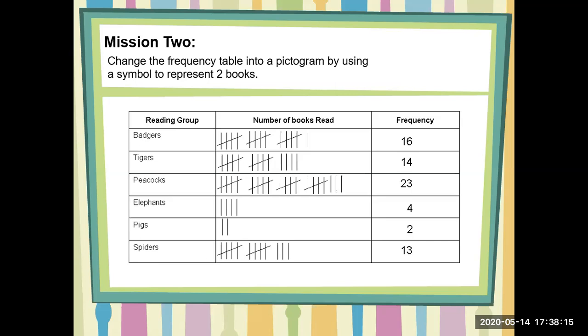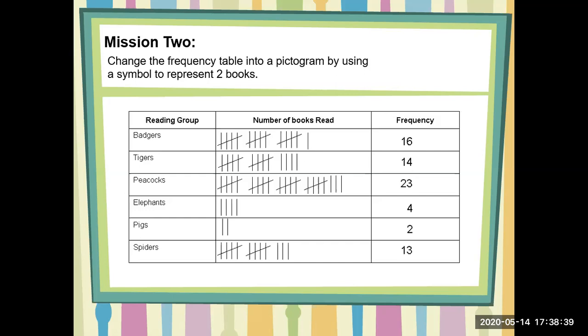You're correct. Counting in twos. Your mission is to be able to count in twos, or you divide the frequency by 2 to know the amount of symbols that will represent each reading group.